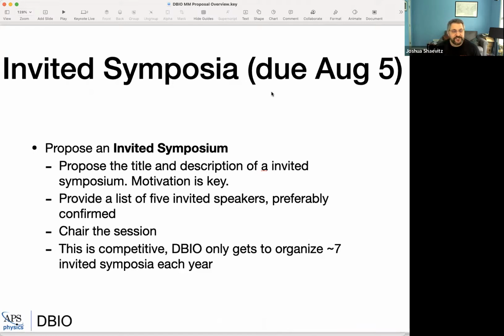But this is our chance to get really coherent, deep sessions going that you get to craft in a way that you don't with contributed sessions, because there it depends on what people submit. It could be what you imagined, it could be what you didn't imagine. Here you get to craft the symposium a little bit more. Okay, I think that's all I need to say. If anyone has any more questions or anything, thank you for coming.